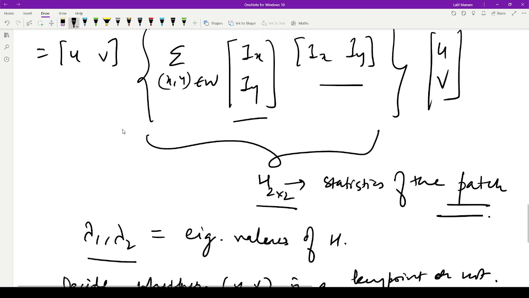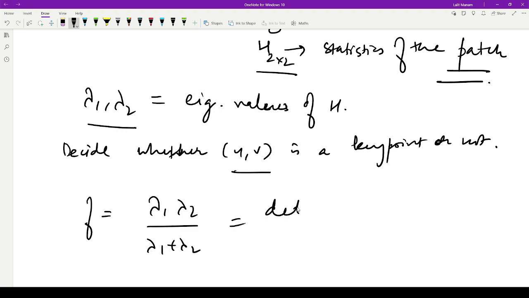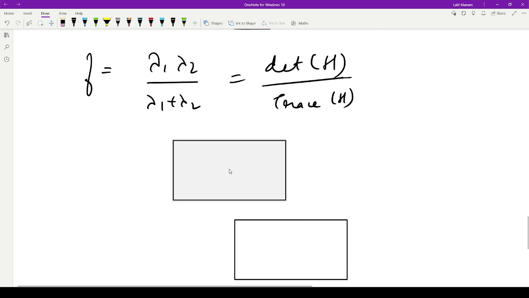So based on this H matrix, we decide whether u comma v is a key point or not. For this, the function that Harris specifically uses is lambda 1 lambda 2 upon lambda 1 plus lambda 2. I hope you remember that. This is nothing but the determinant of H upon the trace of H, from the matrix properties. This would probably have been told in the class.